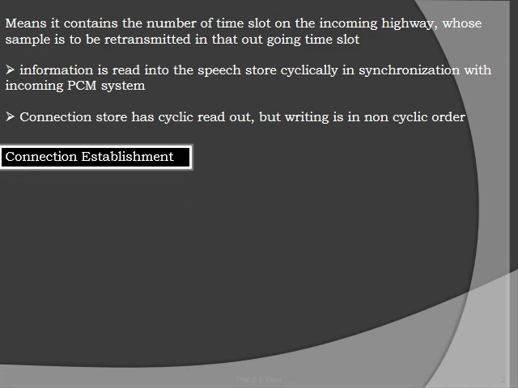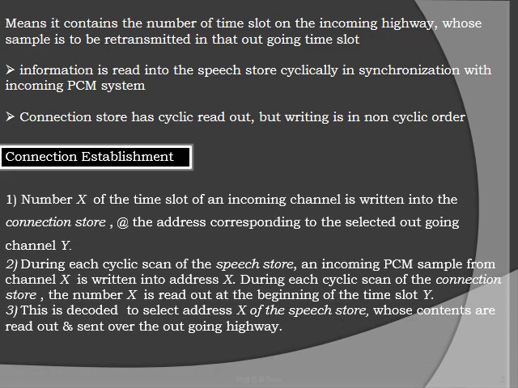So let's see how the connection can be established. Suppose the number X of the time slot of an incoming channel is written into the connection store at the address corresponding to the outgoing channel.